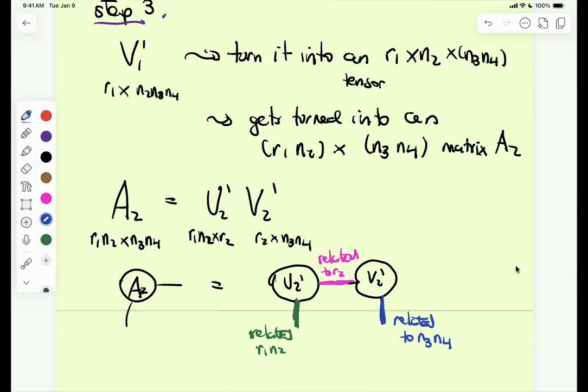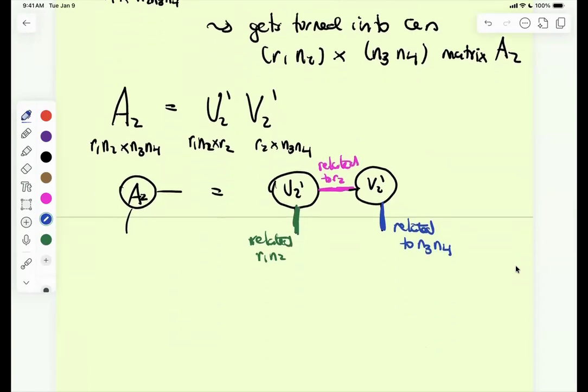So what I'm going to do is take U2 prime, but I will split back the multi-index into two regular ones. So I will convert this one into a tensor with three indices.